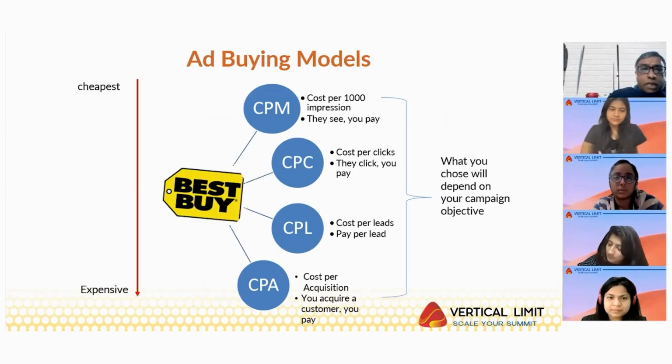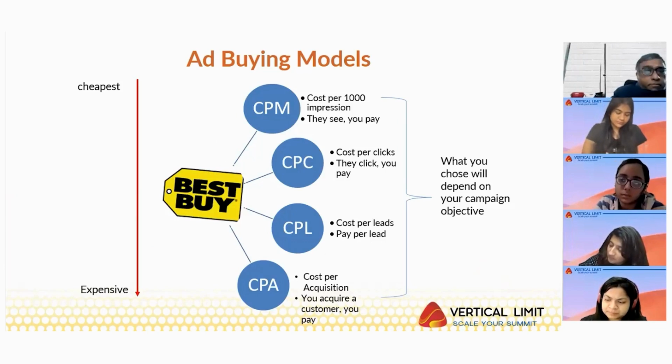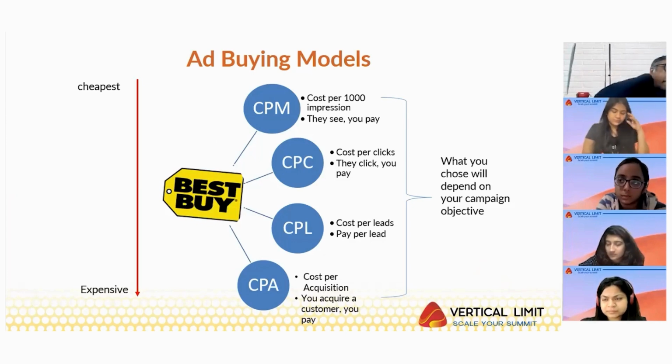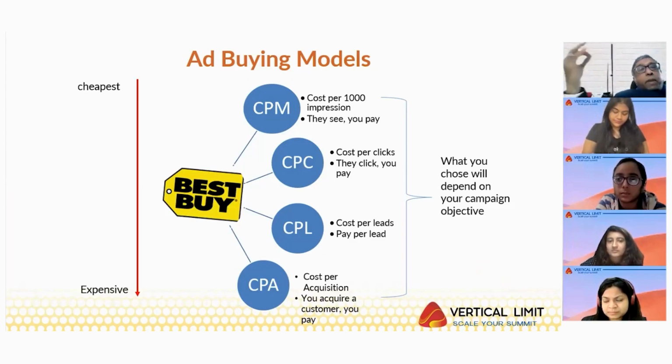Let's look at what is CPM? CPM is cost per 1,000 impression. Fundamentally, it means if anybody sees your advertisement, you pay. This is very, very akin or close to, let's say, print advertising. Today, if I want to advertise on Times of India, or let's say the Samaj or any other newspaper, I buy space on the newspaper. I'll tell them whether full page ad, half page ad, quarter page ad, whatever it is, and I pay them money.